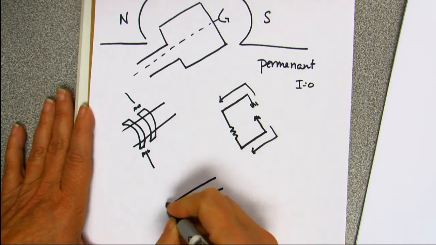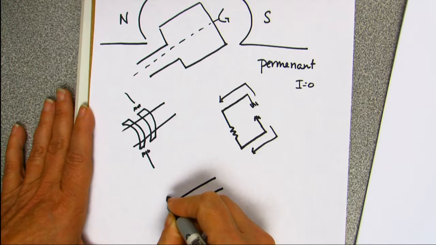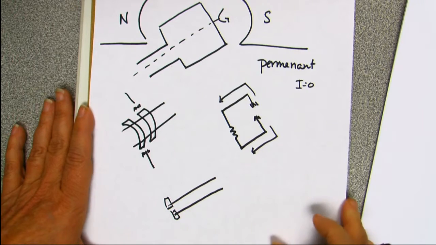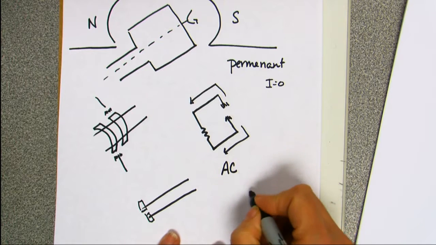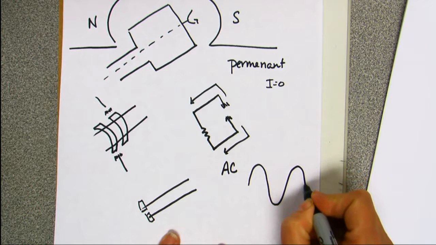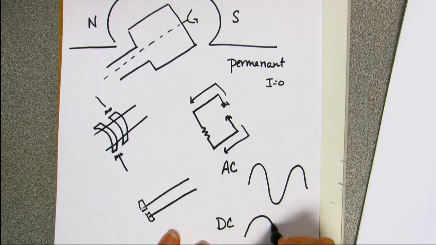For DC current, I don't have a complete collar. I have a collar that has a gap in it. So what happens in AC current is I'm going to get something that looks like this, and in DC current, I'm going to get something that looks like this.